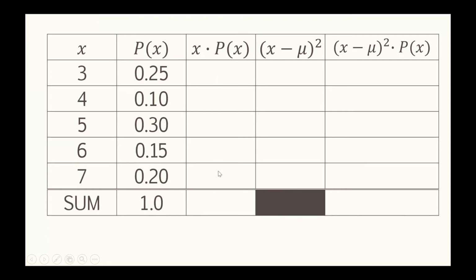So from here, on the third column, we're going to multiply the first x and then its corresponding probability. 3 times 0.25, that is 0.75. 4 times 0.10, that is 0.40 or 0.4. 5 times 0.30, that is 1.50 or 1.5. 6 times 0.15, that is 0.9 or 0.90. 7 times 0.20, that is 1.40.